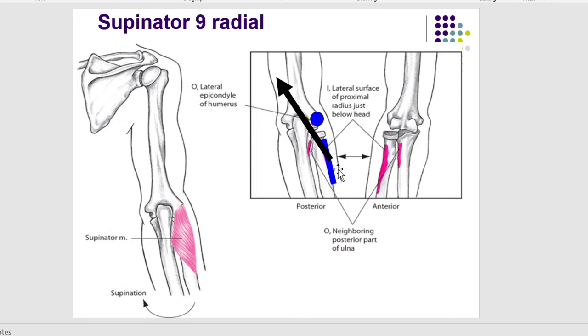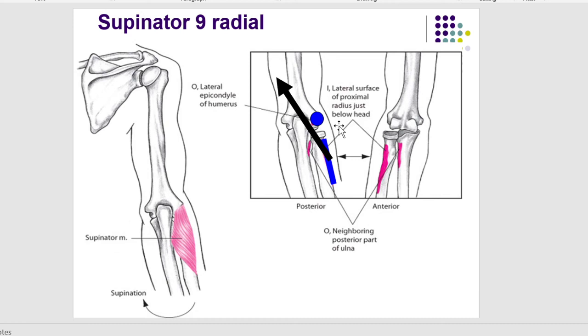Okay, so it has two heads. You have the lateral head, and it has another origin, which is the posterior part of the ulna. Its insertion is on the radius.